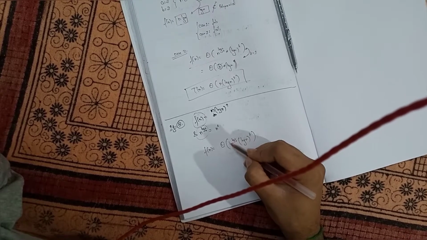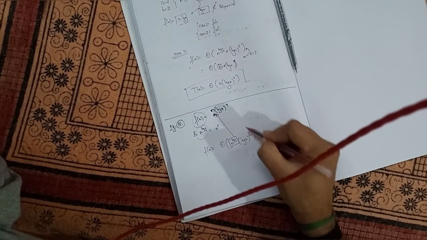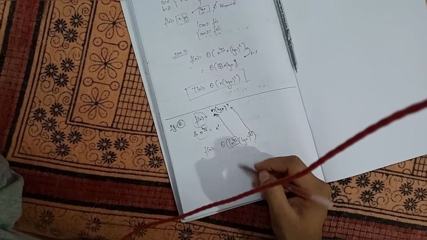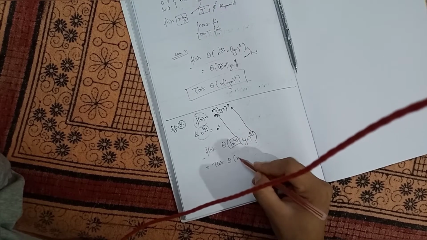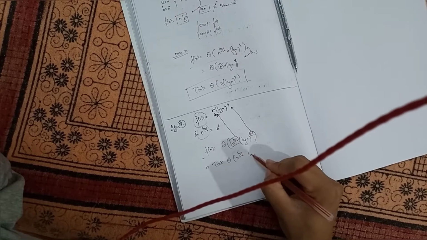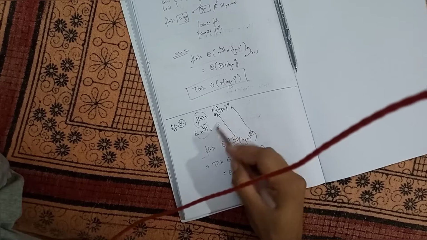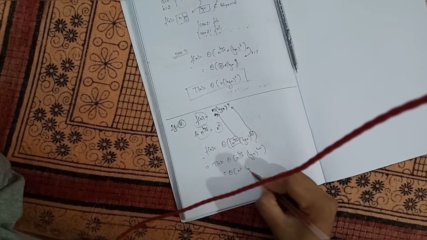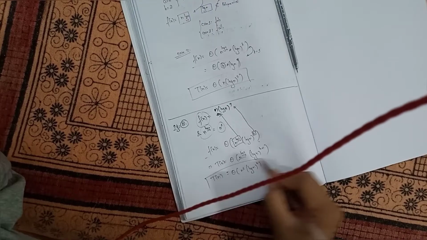Yes, it is equal to this, and k is equal to 9. This condition is getting satisfied. If this condition is satisfied, then I can say T of n is equal to theta of n power log a base b times log n with the power incremented by 1, which is theta of n power 1 times log n raised to the power, here k is 9 and plus 1 is 10. T of n is equal to this.